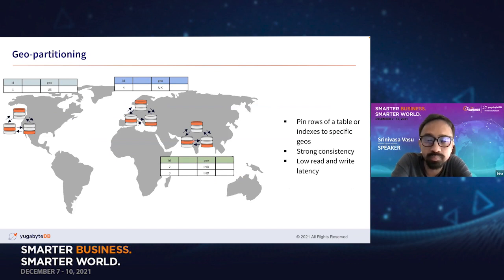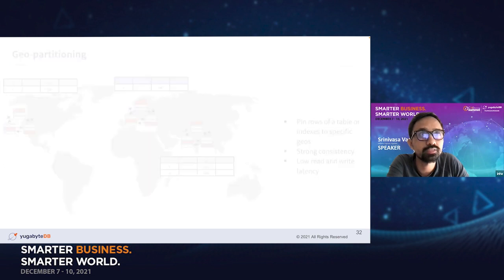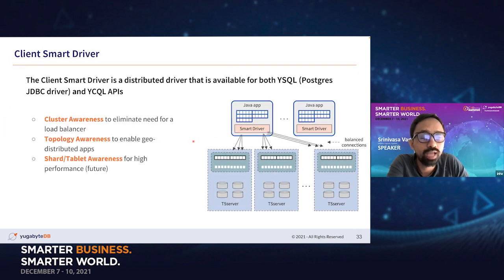So if the users are based out of the US, and the regulatory requirements are defined in such a way that the data can't leave the US region, then you should have capabilities in the database to pin the data originating in the US to the US servers itself, right? The same thing is applicable for Europe, Asia, and the rest of the world as well. So geo-partitioning, pinning your data to a specific region based on where it originates, is part of the Yugabyte database itself, right?